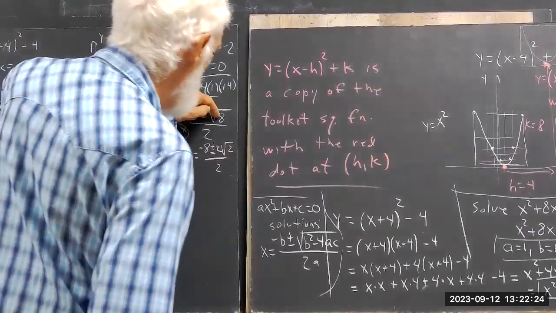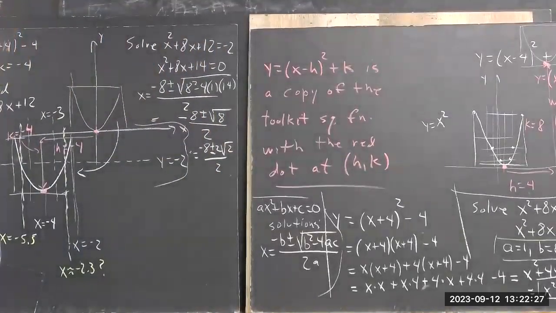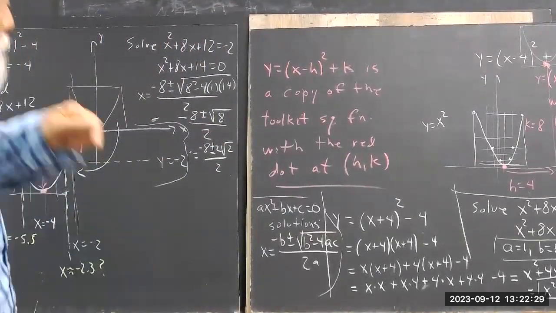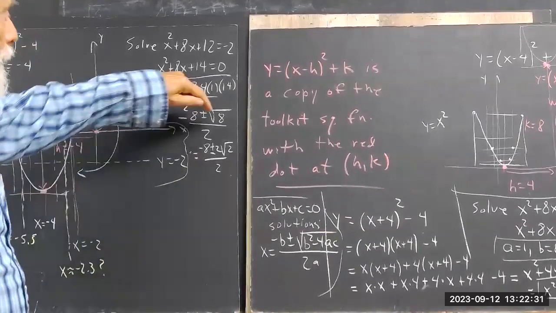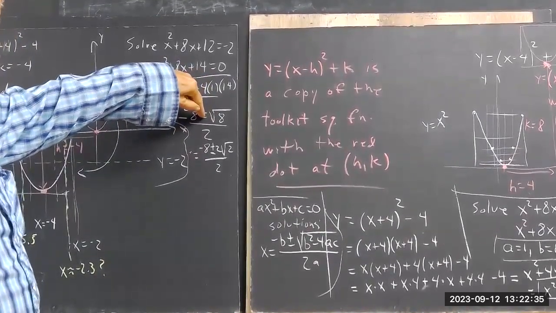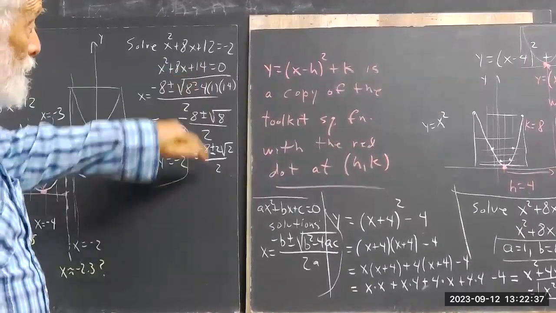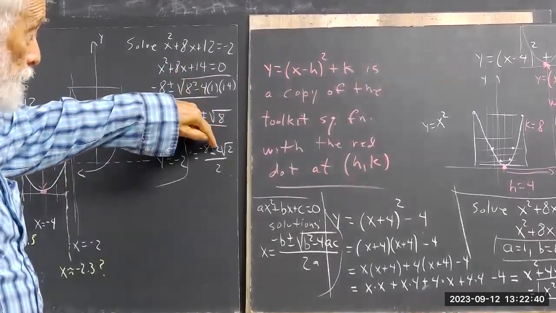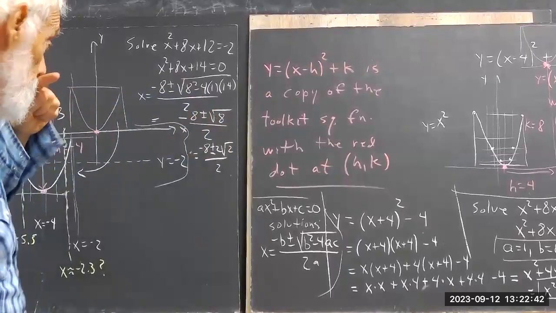If you don't know why the square root of 8 is 2 times the square root of 2, I'll just say it so you take my words from the video. 8 is 4 times 2. The square root of 4 is 2. So from the 4 that you got here, you got the 2, and you're still left with the square root of 2.